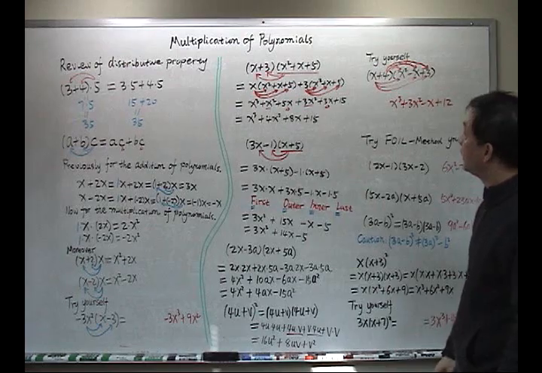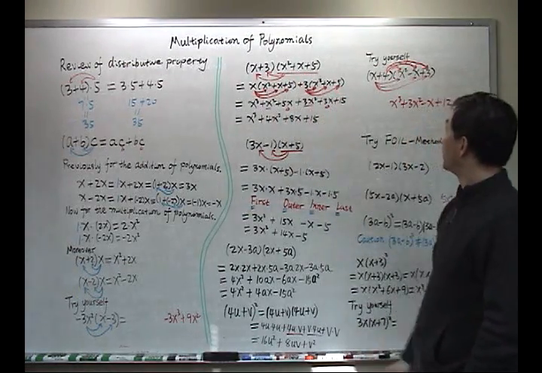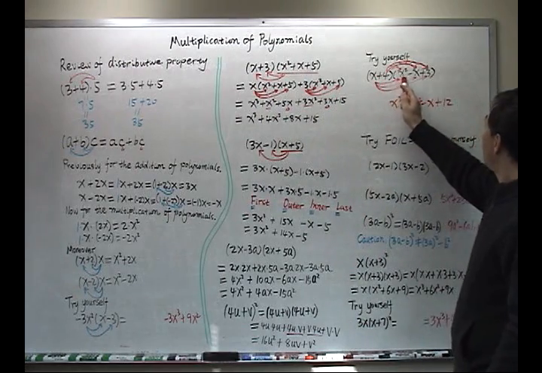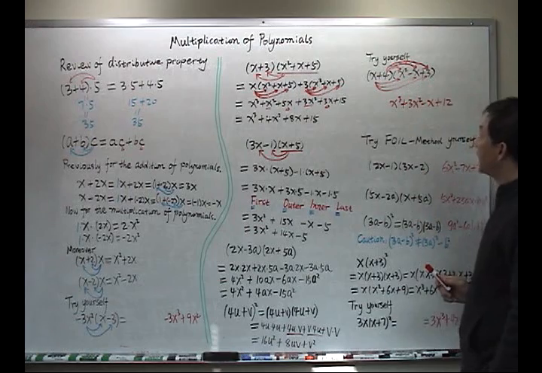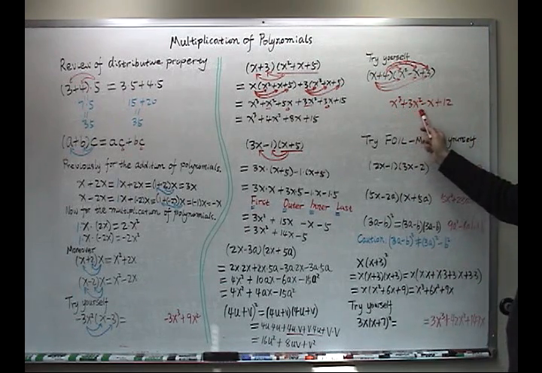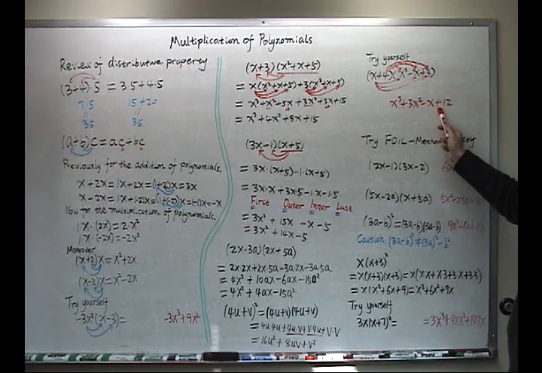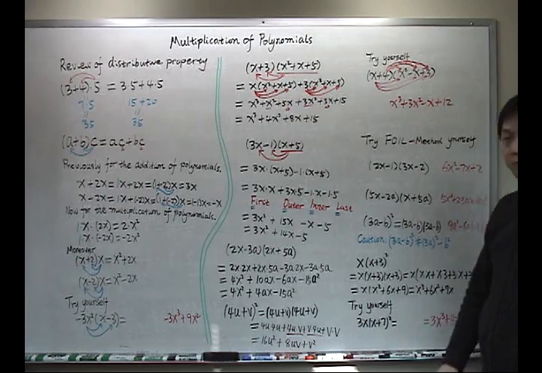It's basically right here, x times every term, 3 times every term. So x times every term here, 4 times every term here. After combining like terms, you should have x cubed plus 3x squared minus x plus 12. That's the answer for this one.